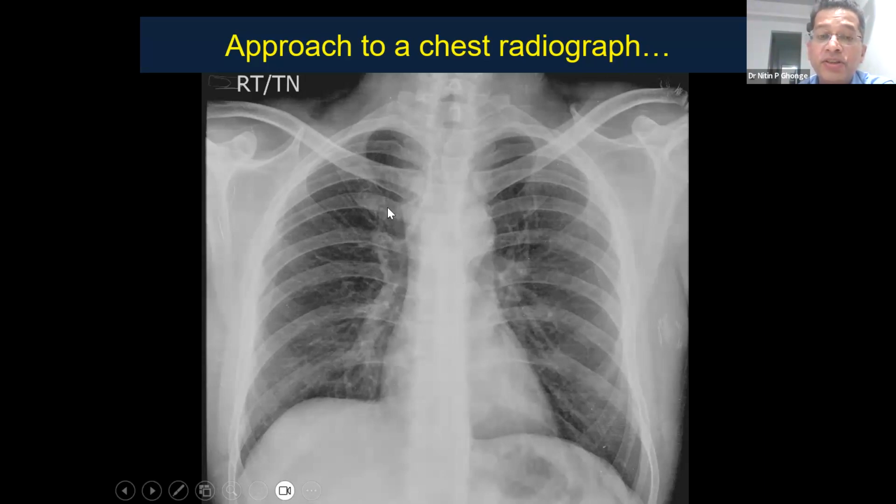Therefore, it is important to look at the lung fields very carefully, look at the costophrenic angle, cardiophrenic angle for effusion or lesions or pneumonitis, and always compare the opacities on both sides. At the same time, the cardiac margins should not occupy more than one third of the total outside to outside dimension.